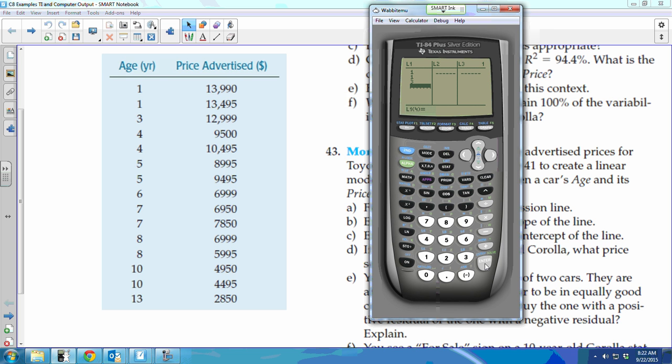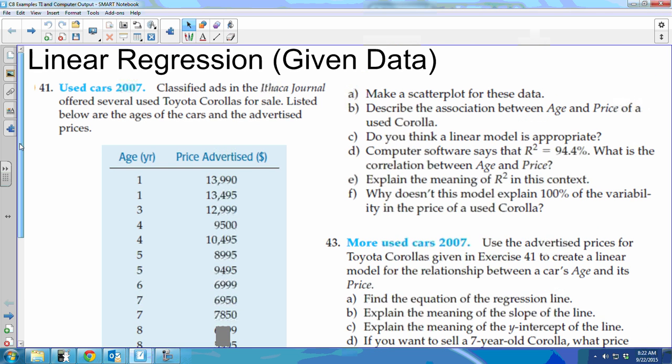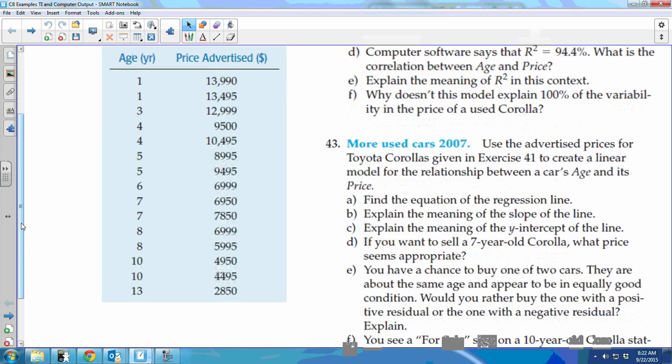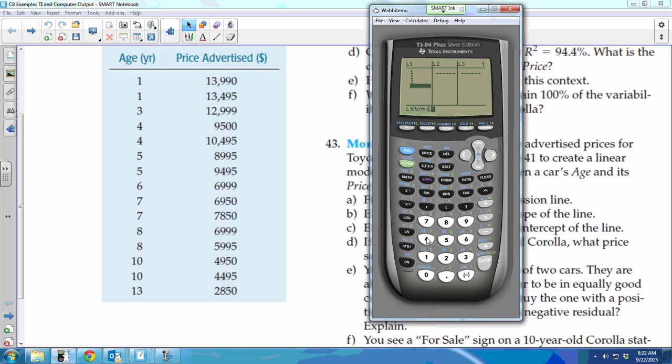This is in the chapter 8 exercises, so page like 192-ish. It's number 41. That's number 41 in those exercises.